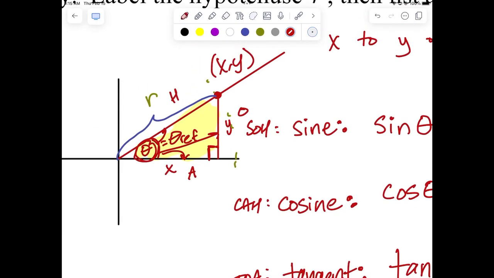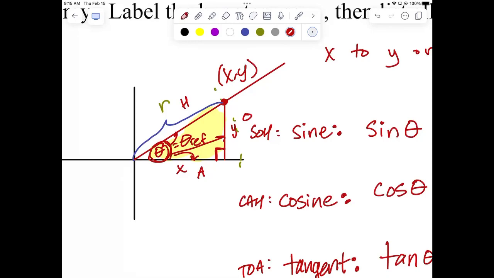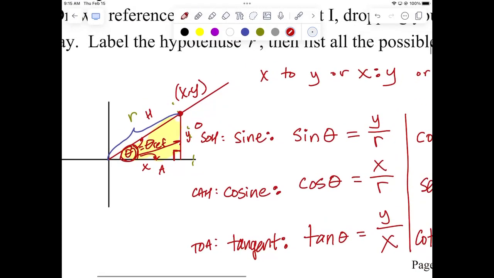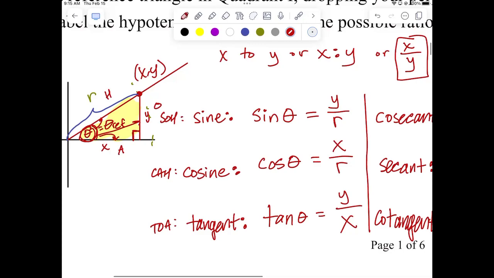So in terms of O, A, and H, instead of X, Y, and R, what would sine be? It would be opposite over hypotenuse. Well, the opposite is Y, and the hypotenuse is R. The sine measures the vertical ratio. It measures the height with respect to the radius.